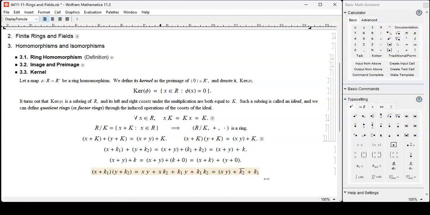I'll use the same k1, but k1 bar. And then k1 times k2, okay, that's fine. Let's put parentheses here. And then please note that this is xy plus a certain, oh yeah, I don't need anything here. K is a subring, so this entire thing belongs to K. So an arbitrary element of the left-hand side belongs to the right-hand side.